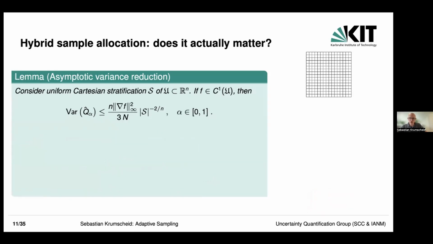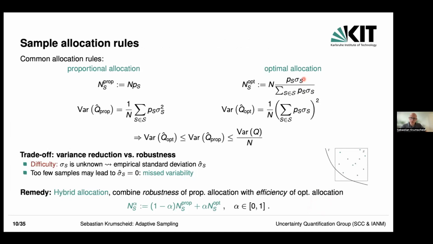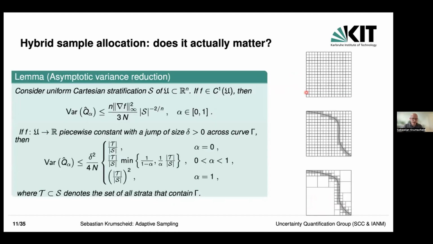That's why we actually want to go to optimal allocation, because there the choice of samples depends not only on the size, but also on the local variance. When we have a total budget of n samples, and I've identified a region where I have very little variance, then the number of samples I put into this stratum is small.